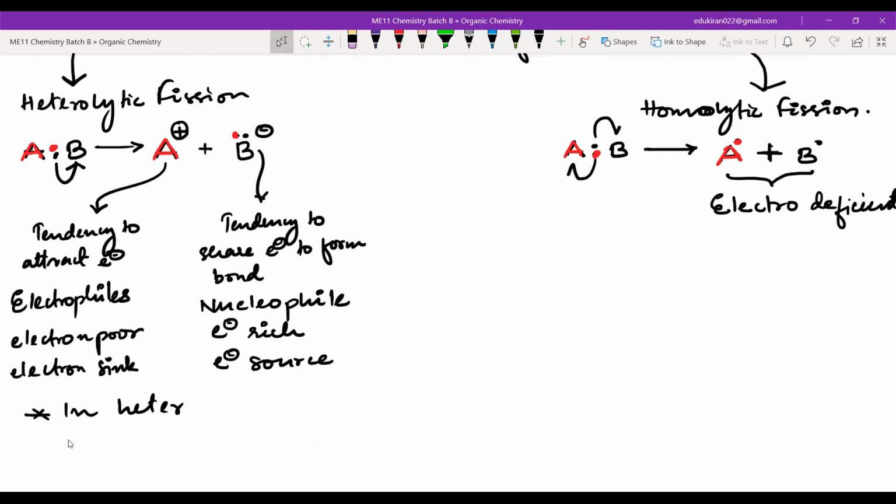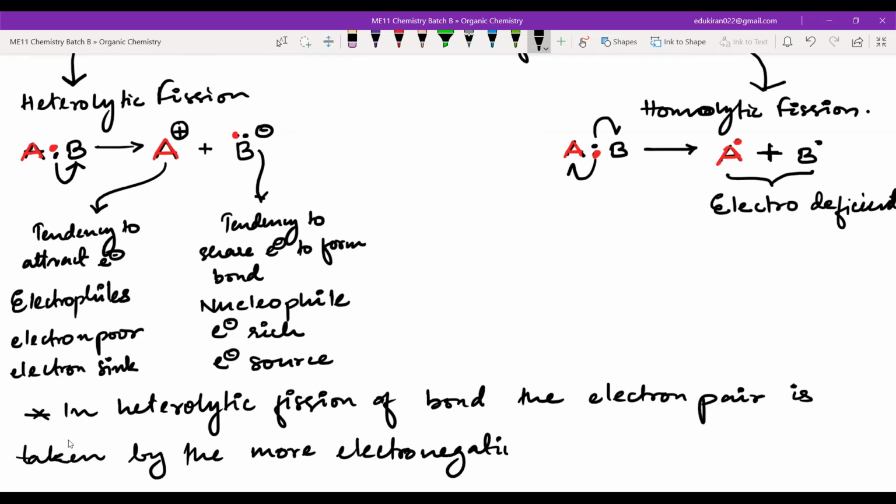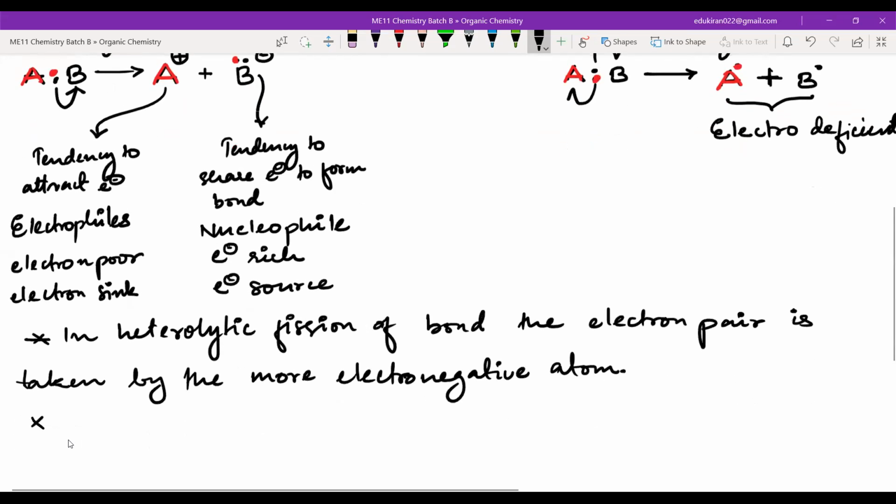In heterolytic fission of bond, the electron pair is taken by the more electronegative atom.